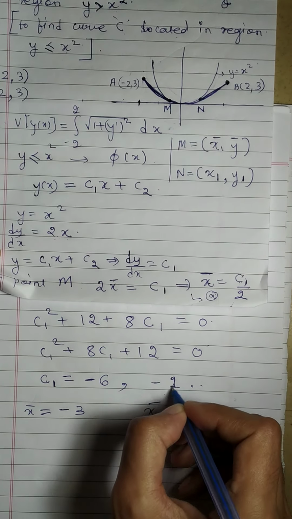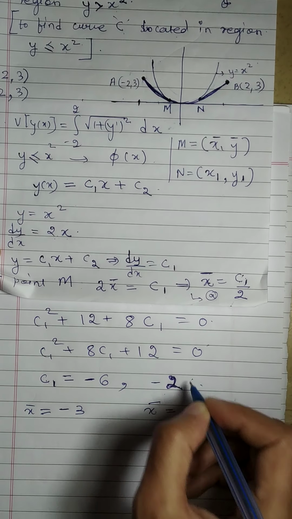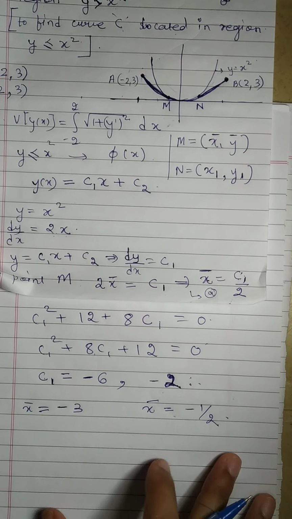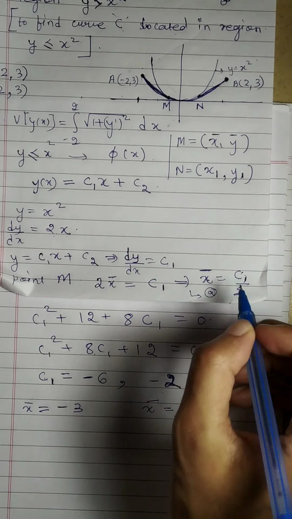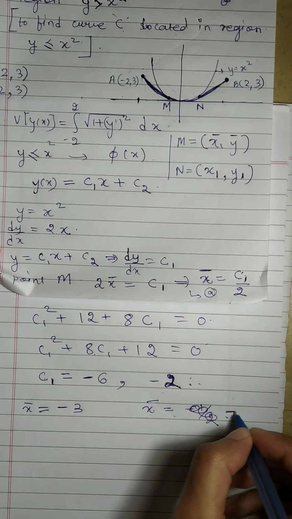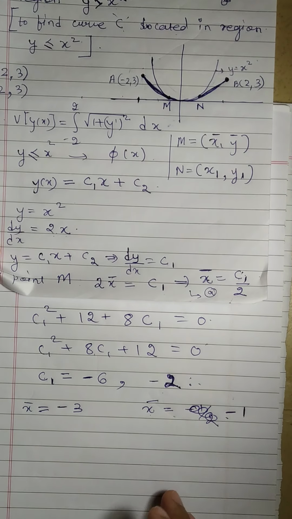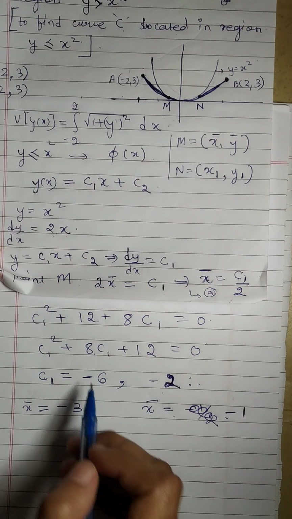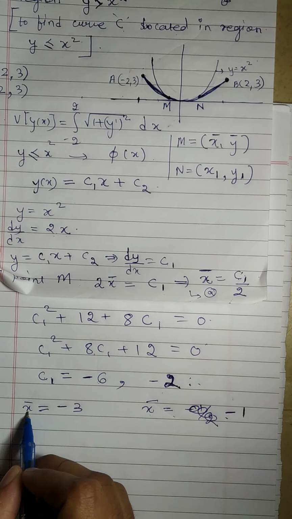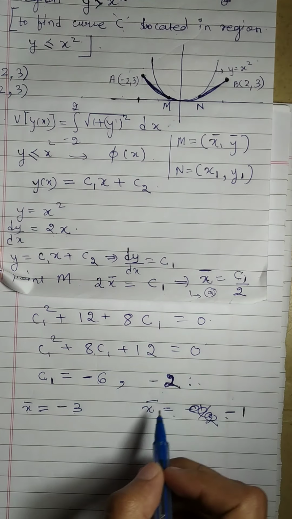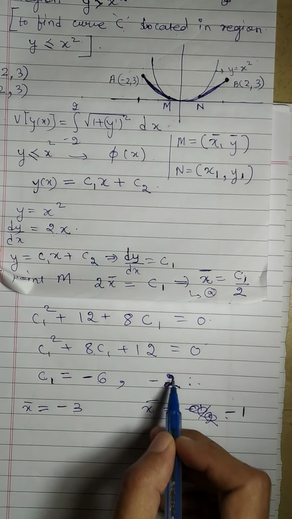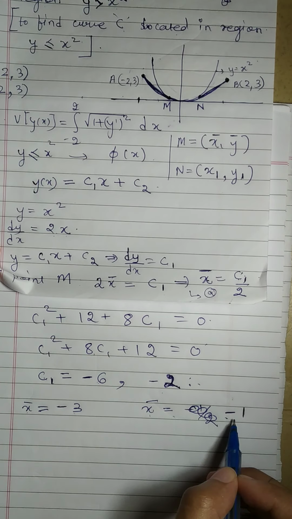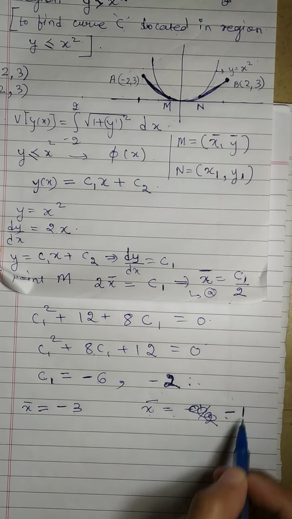Yes, here this is minus 2, right? So the factors will be this. So for C1 equal to this, we get x bar minus 3, and for C1 equal to minus 2, we get x bar to be equal to minus 1.